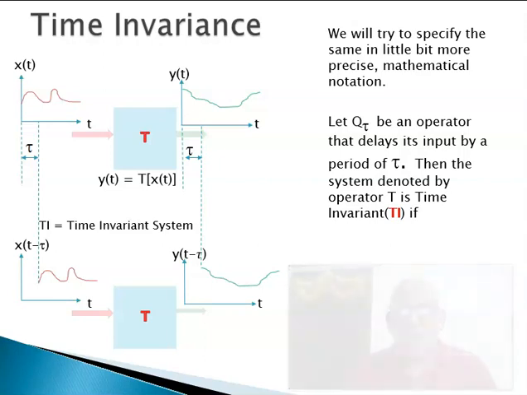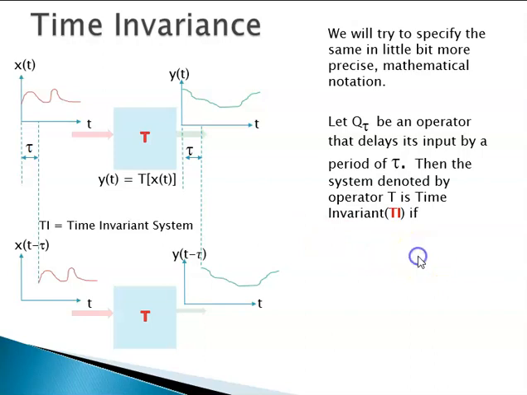We'll try to say it mathematically because that comes in handy at times. We will say that an operator Q tau is defined that delays its input by a period of tau. You can see this operator Q tau takes in an input x of t and gives out a shape which is exactly the same but delayed by a time interval tau.